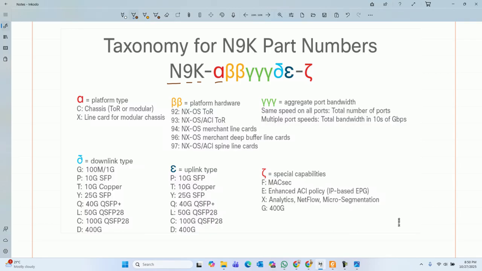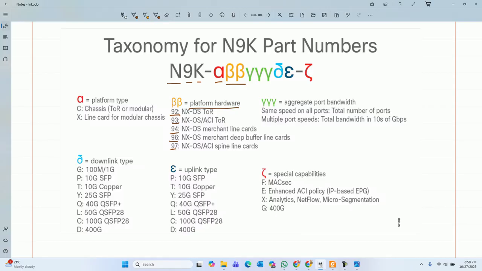The next letter represents the platform type, and 9KC means chassis; otherwise it will be a normal name. Then line card for modular chassis. Then platform hardware, which can be 9200, 9300, 9400, 9600, 9700.